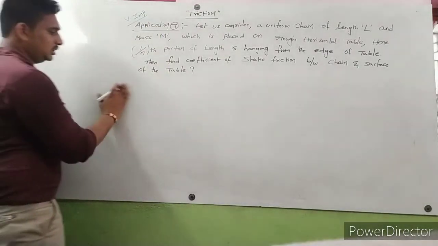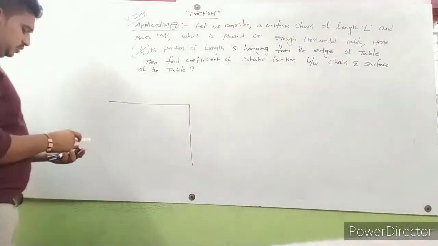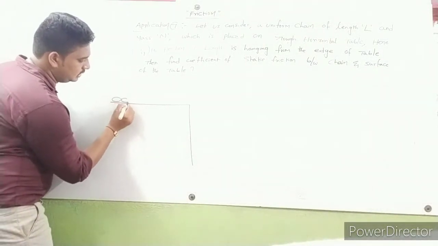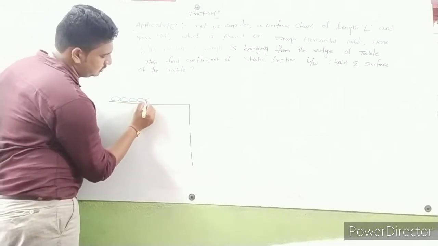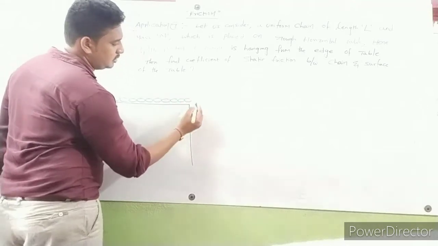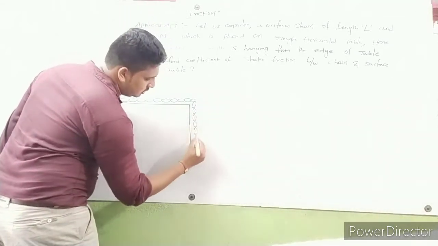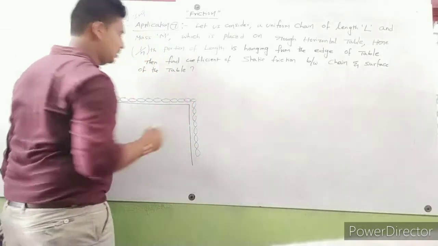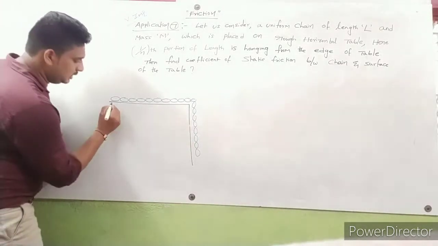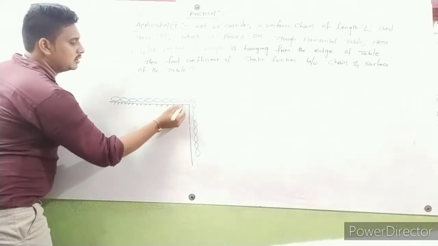Okay, so first of all I draw the diagram. Now I consider the chain. Here this is a rough surface.